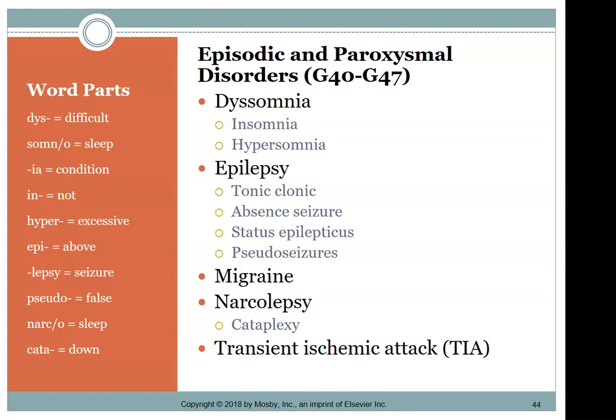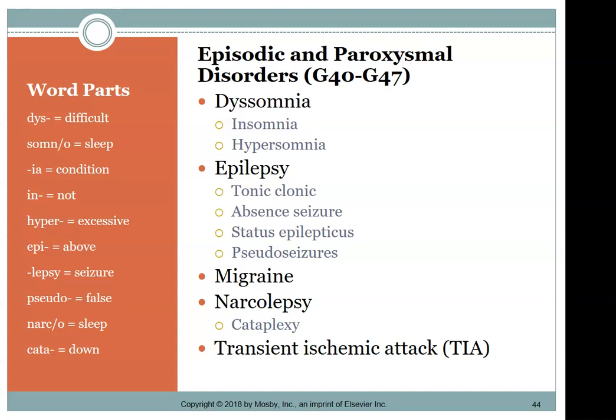Status epilepticus is a condition of intense, unrelenting, life-threatening seizures. Pseudoseizures are false seizures. The causes may be trauma, tumor, intoxication, chemical imbalance, or vascular disturbances. A migraine is a headache of vascular origin.